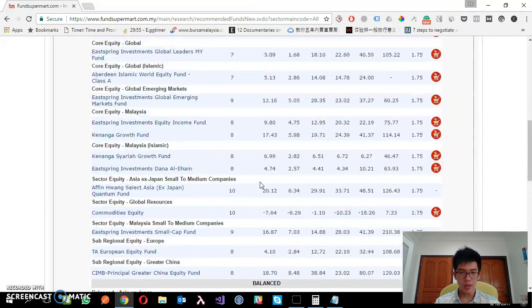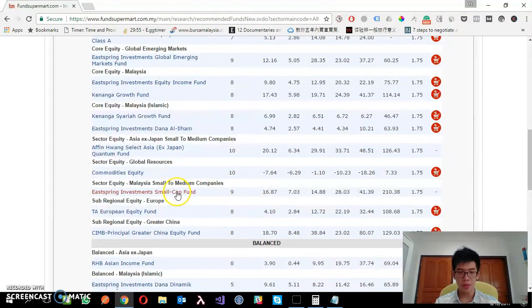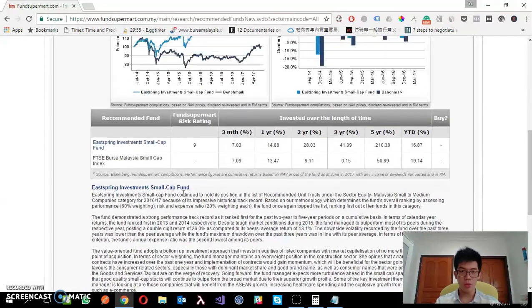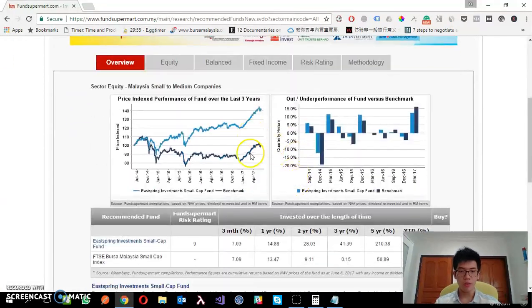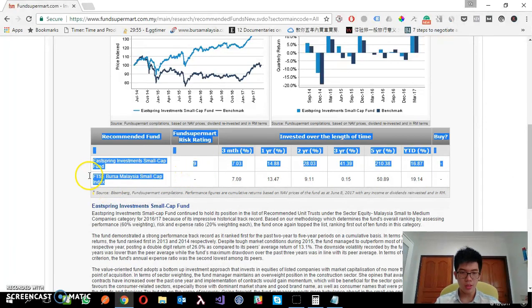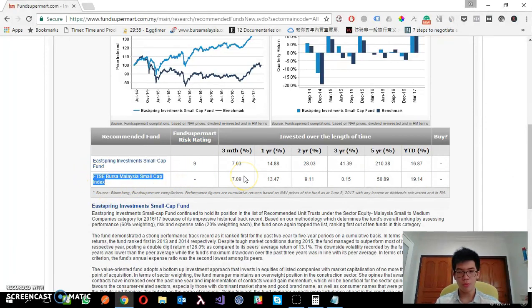And inside here, for example, if I want to research one fund, I just go over here and you can see the graph of their performance. And these are two metrics. This is the projected return, and this is the realistic return.